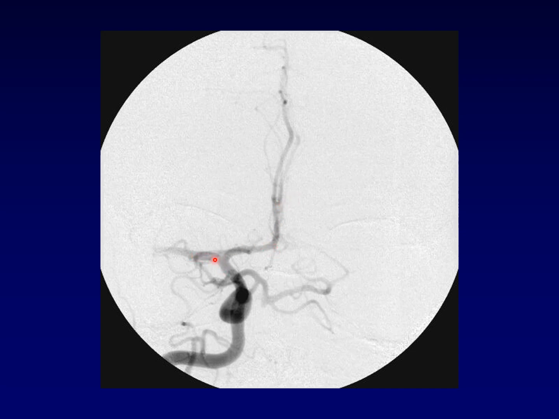But here is the middle cerebral artery, and it starts out okay, but then it gets to about here, and it completely cuts off. There's no flow past that point. Complete occlusion of the middle cerebral artery by thrombus. This is thrombotic stroke, and that entire territory is infarcted and now is dead brain.